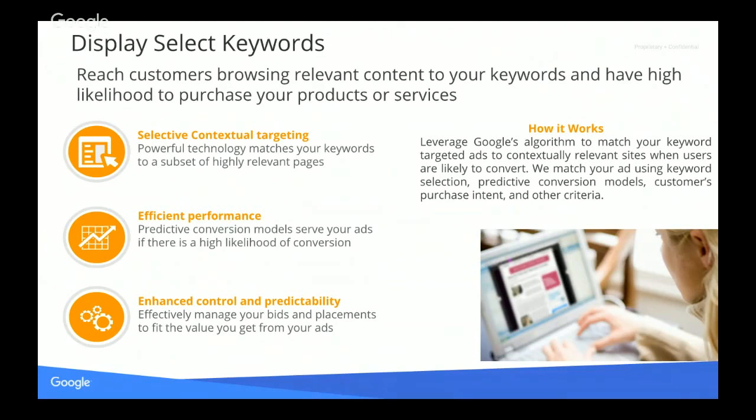Selective contextual targeting, which is powerful technology that matches your keywords to a subset of highly relevant pages. Efficient performance, which is predictive conversion models that serves your ads if there's a high likelihood of conversion. And enhanced control and predictability, which is effectively manage your bids and placements to fit the value you get from your ads. Now, how does all of it work?